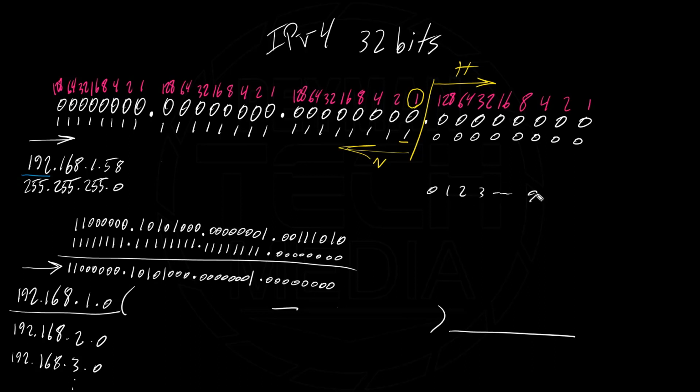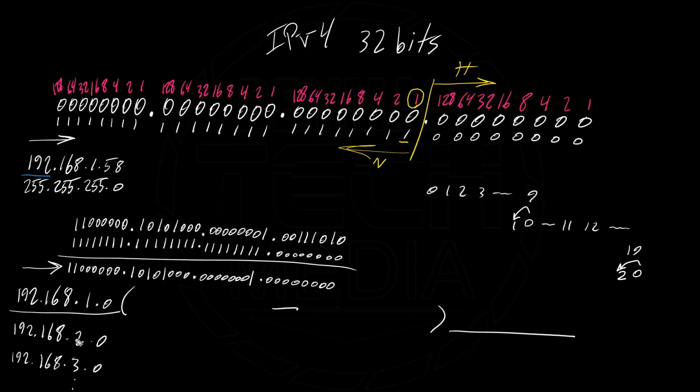After 9, it's 10, right? So this 9 turns to 0 and adds 1 to the tens place, correct? So we say 10. And then we have 11, 12, and so on. When we get to 19, what happens? This 9 turns to 0 and adds 1 to the tens place, so it's 20, correct? The same applies here when we talk about octets.